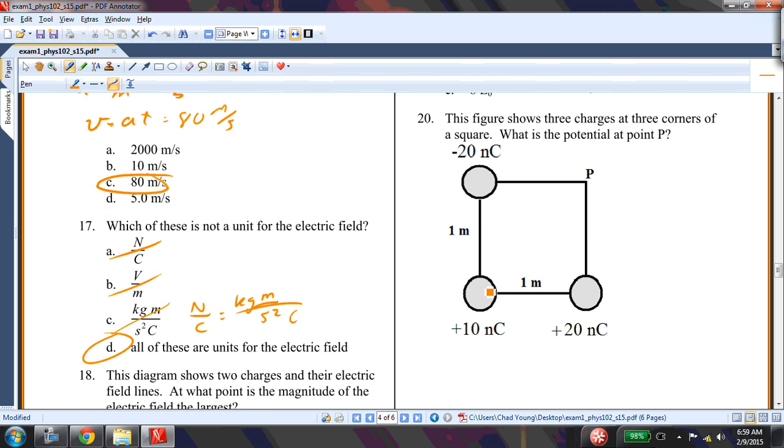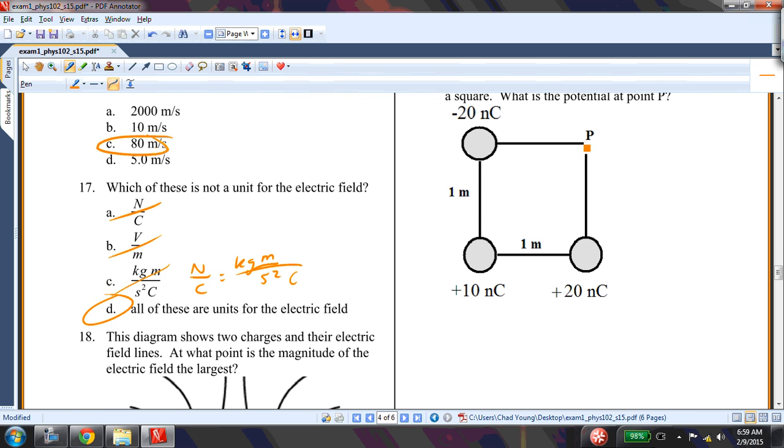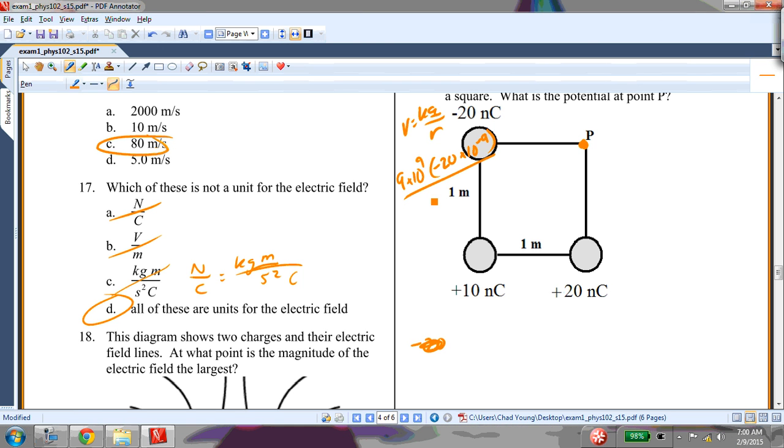If there are 3 charges, what is the potential at point P? Right, so I have KQ over R for all of these. I'll do them over here. V is equal to KQ over R. That's 9 times 10 to the ninth, negative 20 times 10 to the minus 9, divided by 1 meter.